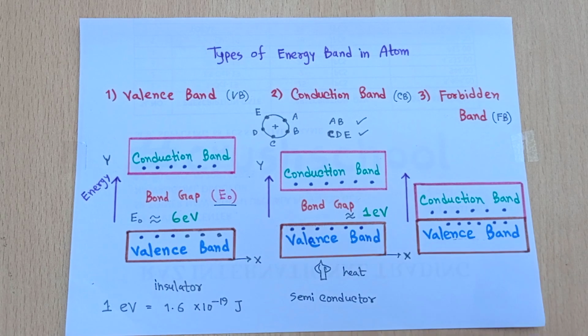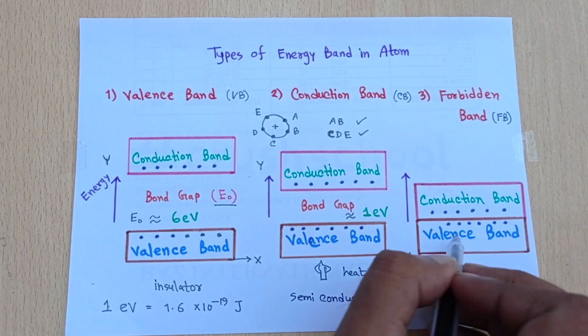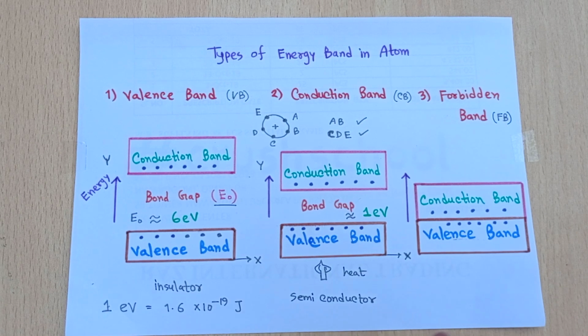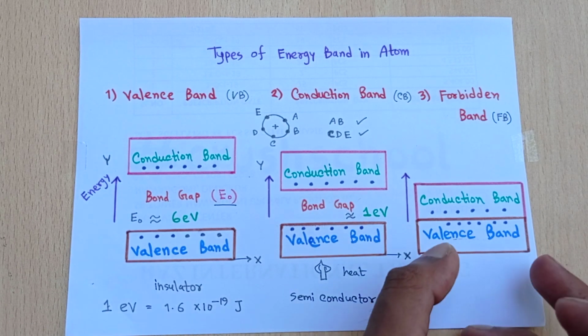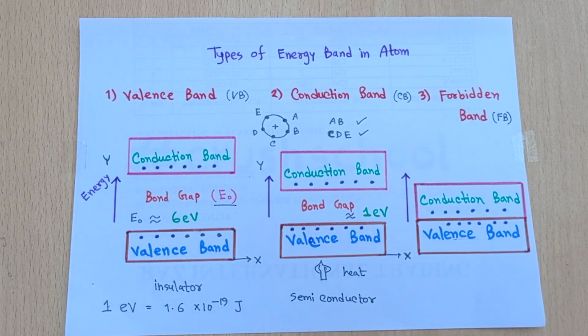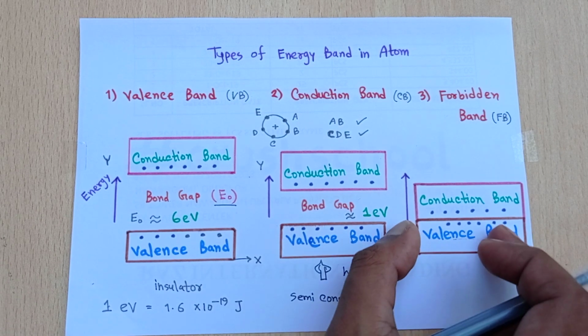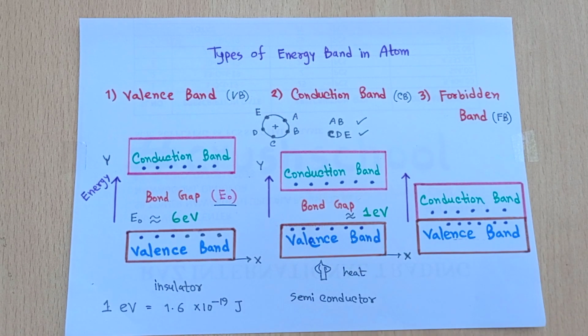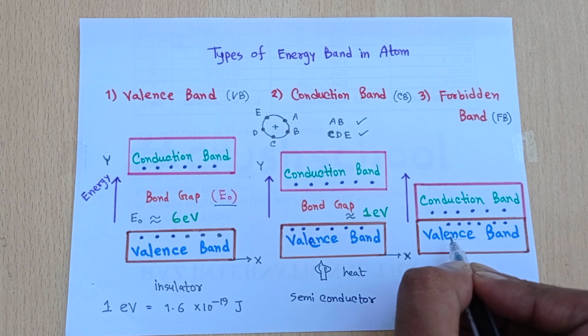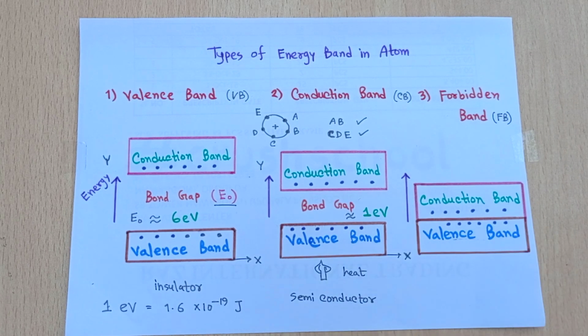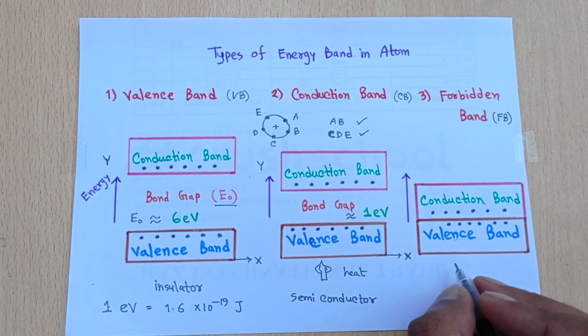So we can say that there is no forbidden gap in a conductor, and also the electron which is situated in the valence band can easily flow, because the valence band and the conduction band are attached to each other, and they can easily flow the electron, which is very applicable for a conductor.